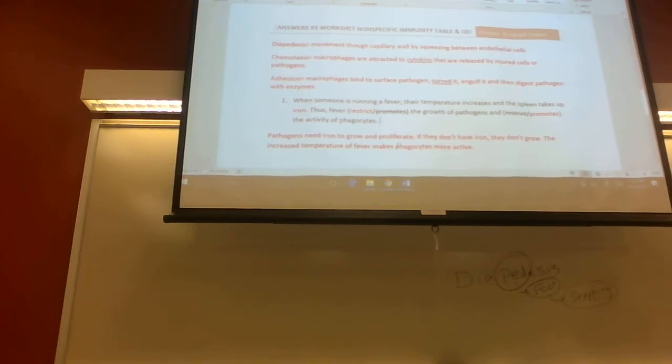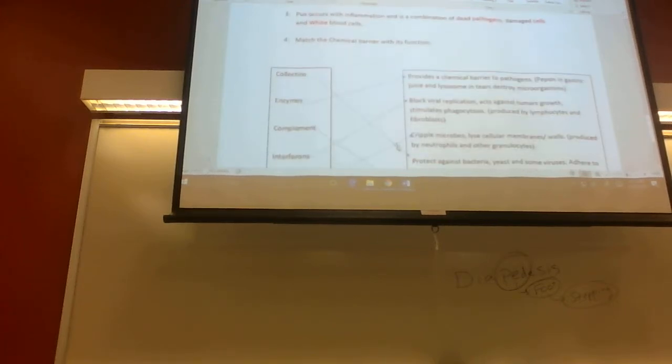So yeah, we don't like them to have our iron. Yay, pus. Pus occurs with inflammation and is a combination of dead pathogens, damaged cells, and white blood cells. So it's pretty straightforward there.